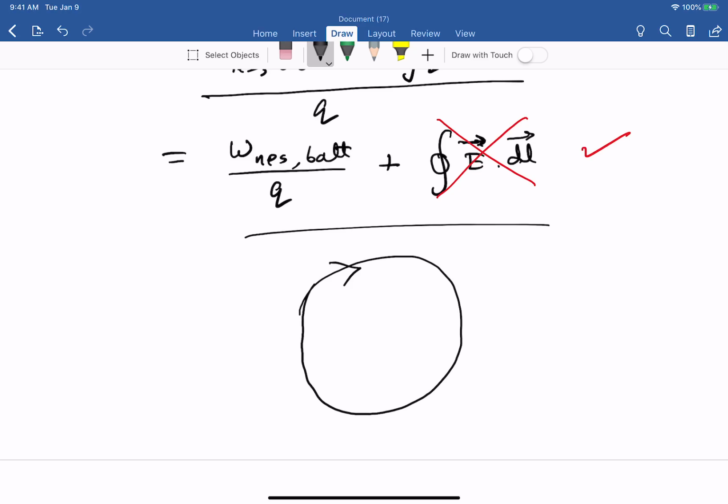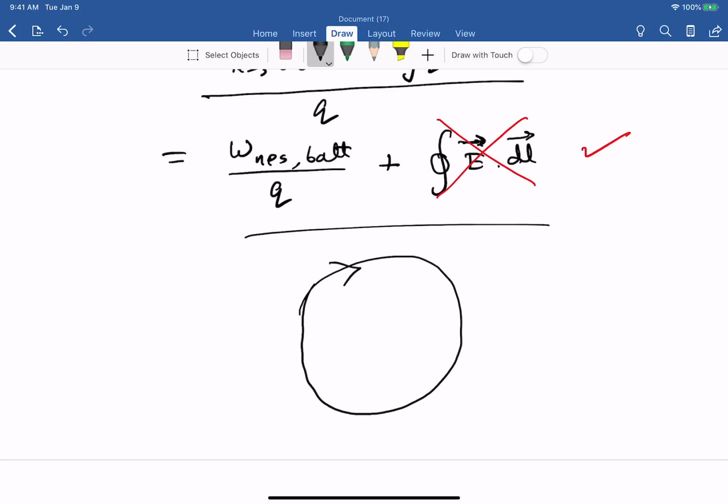magnetic field. What is the direction of the magnetic field going to be? We've talked about this in class and also in my previous videos. To find the direction of the magnetic field, you would curl the fingers of your right hand in the direction of the current, and your thumb will point in the direction of the magnetic field. So if I do that over here, I find that for the current moving clockwise, the magnetic field points into the board, or into the page.